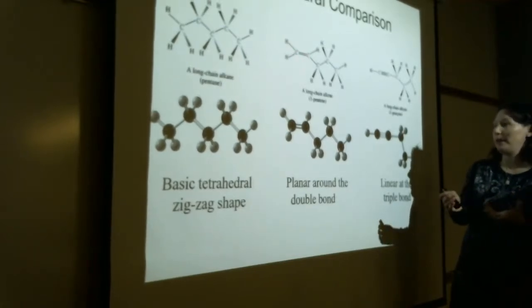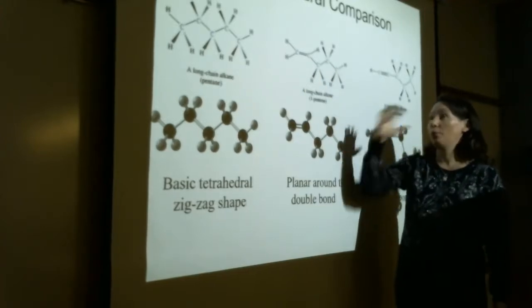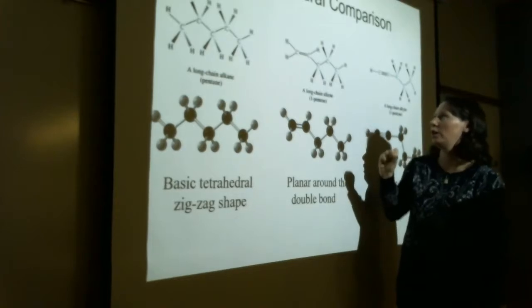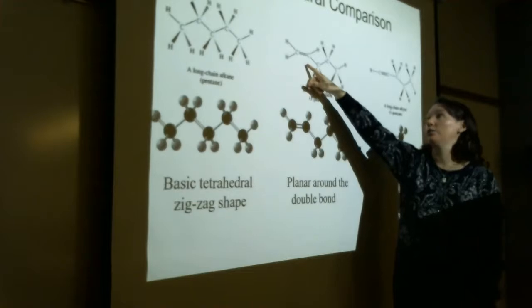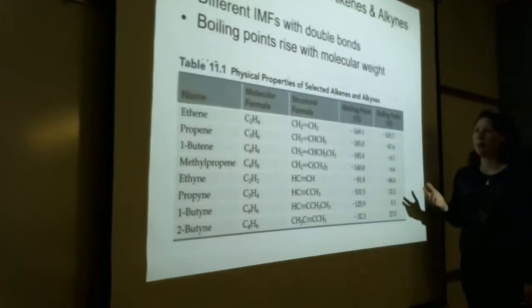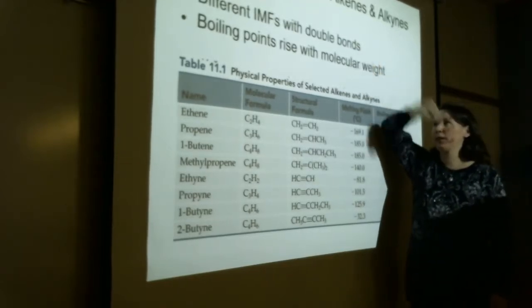And that's going to be a big part of what we talk about in biochemistry when we start talking about that portion of the course, the elementary biochem portion of the course. We'll look at how that double bond makes biomolecules have different properties. And so the double bonds are going to create different IMFs than the single bonds did.